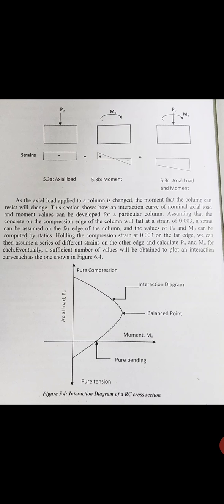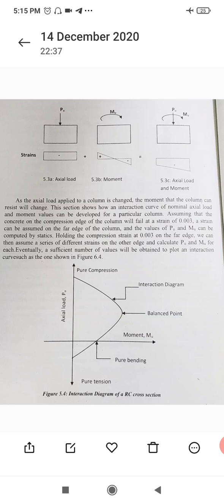A strain can be assumed at the far edge of the column, and the values of Pu and Mu can be computed by statics. Holding the compressive strain of 0.003 on the far edge, we can then assume a series of different strains on the other edge and calculate Pu and Mu. Eventually a sufficient number of values will be obtained to plot an interaction curve, such as the one shown in the figure below.